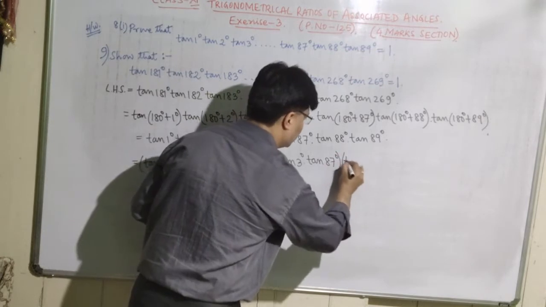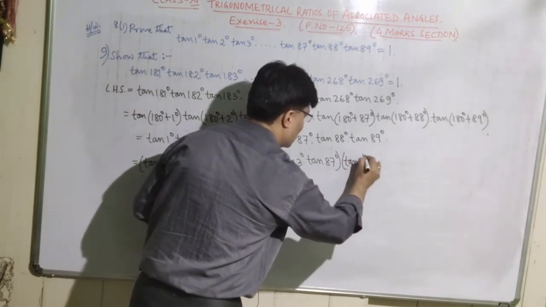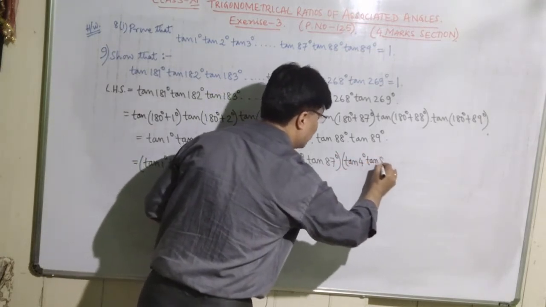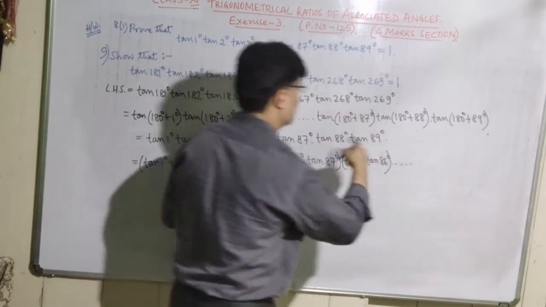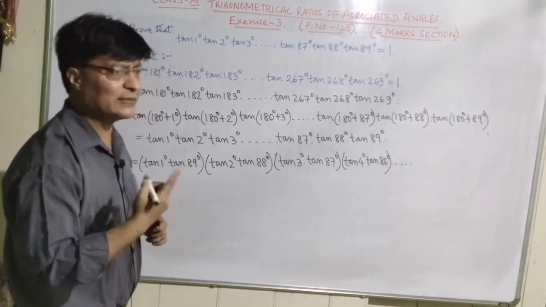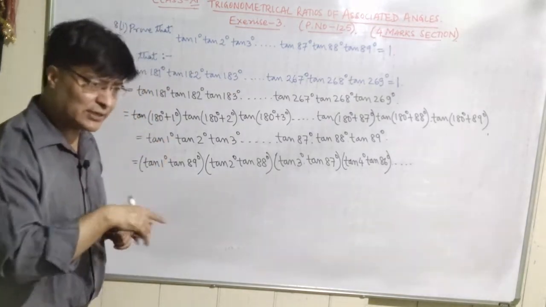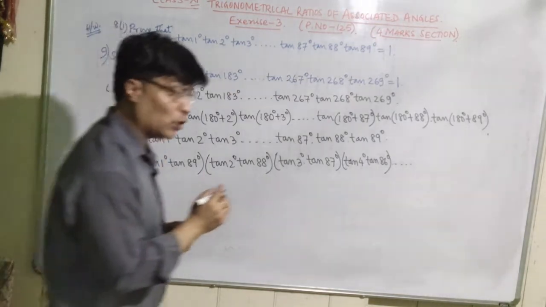Similarly, there is tan 4 degree and tan 86 degree. You have to understand it. Dot dot dot. Now there are terms like tan 5 degree and tan 85 degree, tan 6 degree and tan 84 degree, and so on.